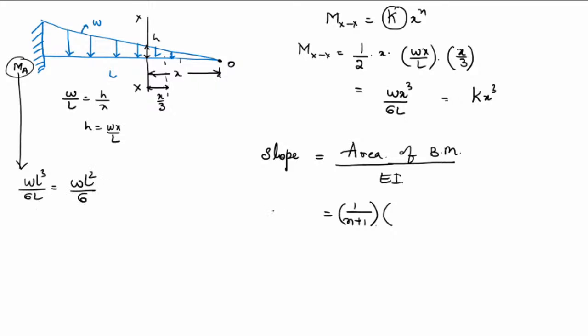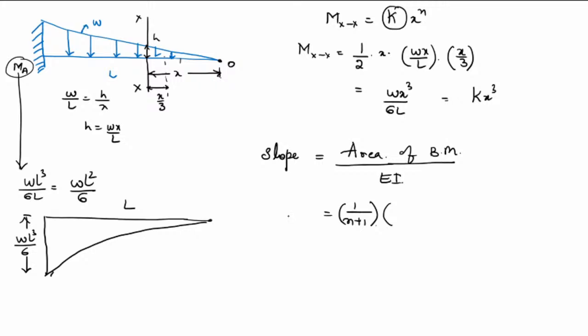So the base of the bending moment diagram is L, and the height is WL square by 6.